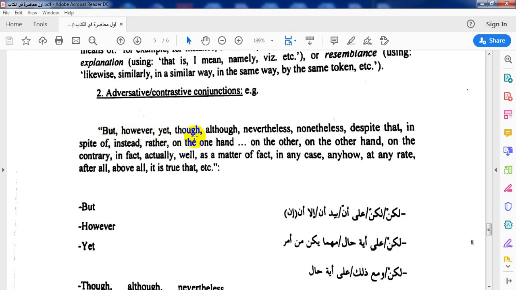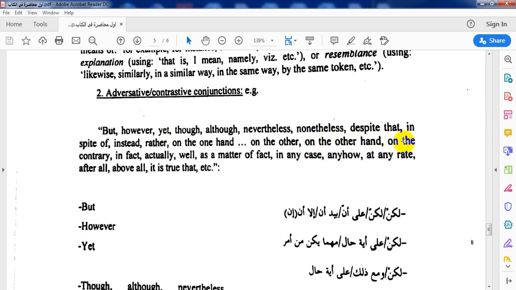But, however, yet, though, although, see all those connectors or conjunctions. Nevertheless, nonetheless, despite that, in spite of, instead, rather, on the other hand, on the one hand, on the other hand. So we can see here in one sentence, on the one hand, on the other hand.